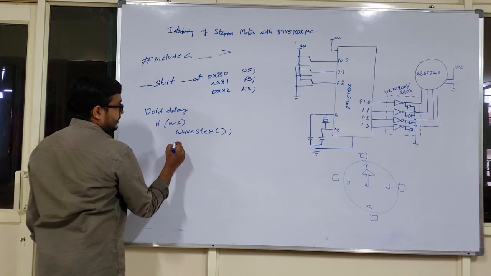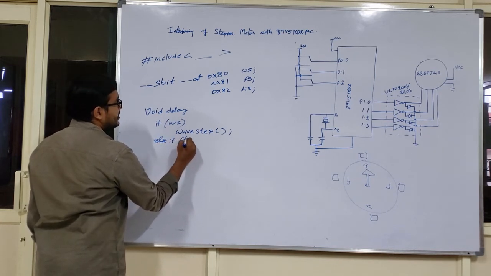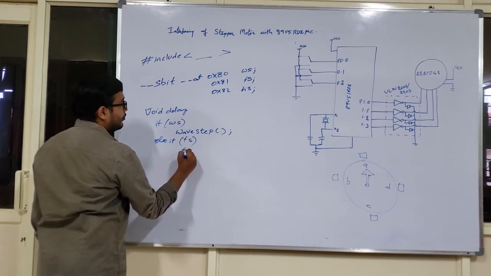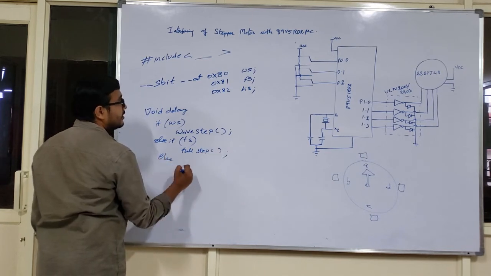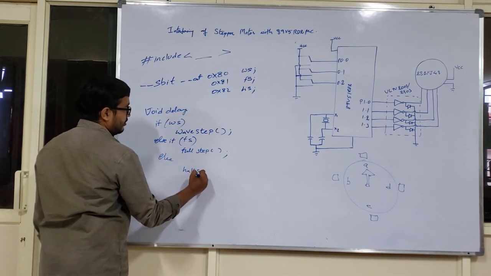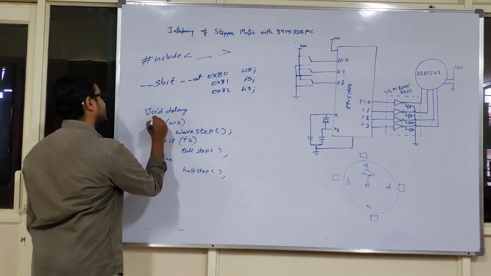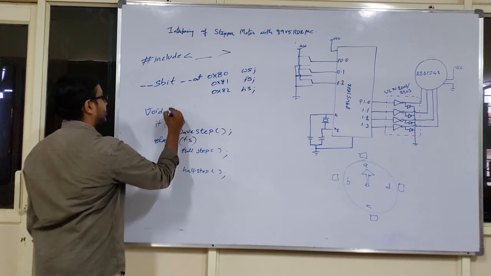And next is else if FS, full step excitation: if the FS switch is turned on, this is the function call for full step excitation mode. And your next else is the half step excitation mode. To close your listing, this is not delay, it is void main actually.